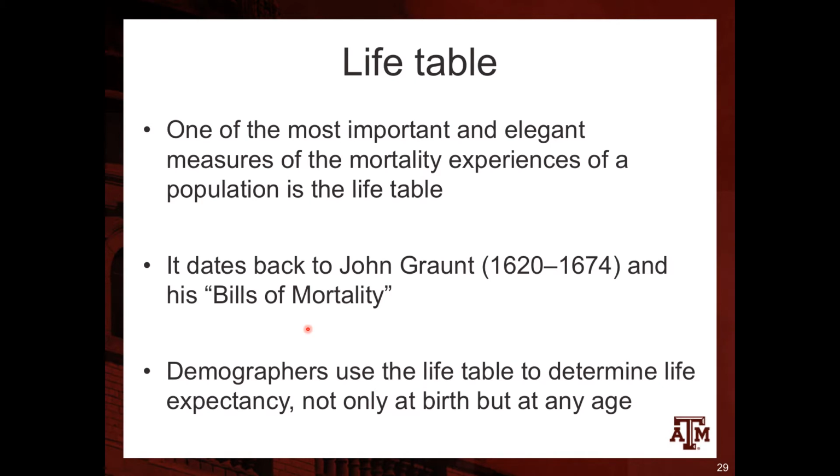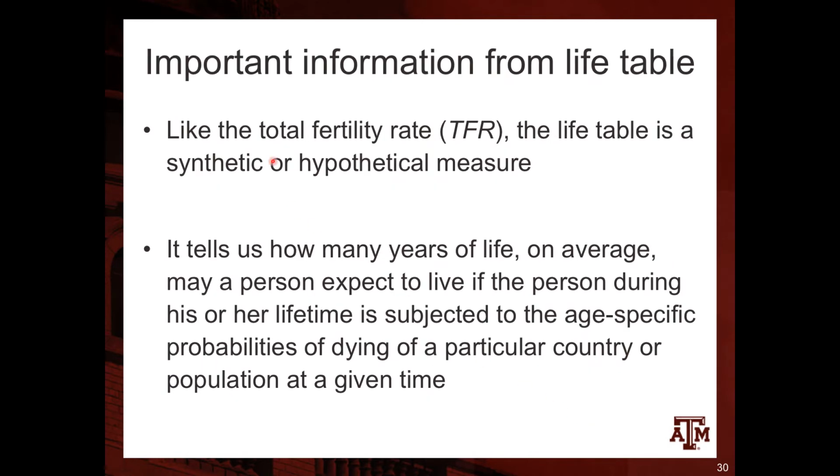So demographers use this life table to determine life expectancy. And life expectancy not only at birth, but for any other age or age group that's being considered for the analysis that you collected data for. Like the total fertility rate, the life table is a synthetic or a hypothetical measure.